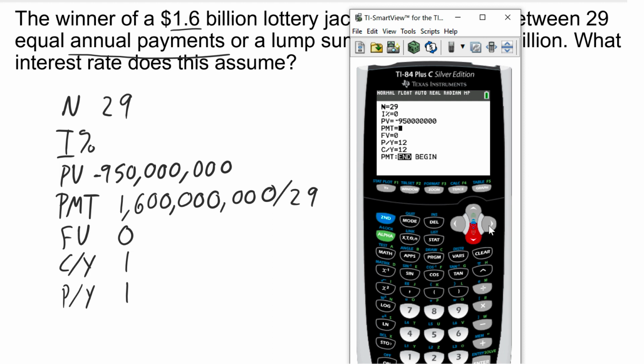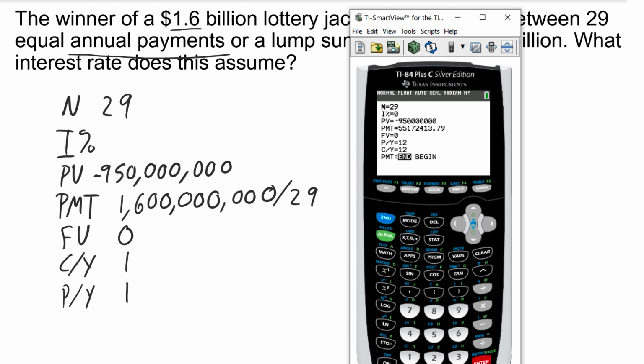The payment is $1,600,000,000. It's a whole lot of zeros. Divided by 29. So we're splitting up that payment over 29 years. And this is the exact same thing you'll do in the homework. We are figuring out the payment based on just taking the entire amount of the lottery jackpot and splitting it up into those 29 payments.